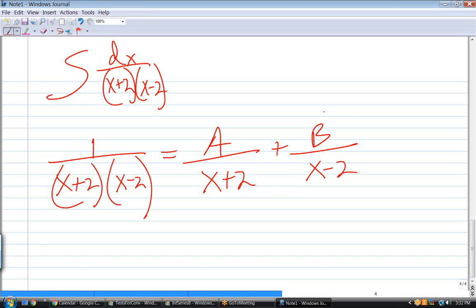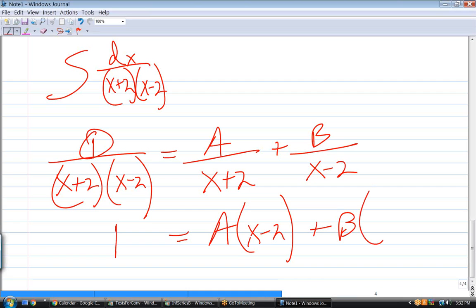If I gave you those two fractions, you would add them together by finding a common denominator and figuring out what the numerator was, right? Mm-hmm. So what that means is that 1, this numerator over here, has to be equal to a times x minus 2 plus b times x plus 2, because the denominator is going to be the same.